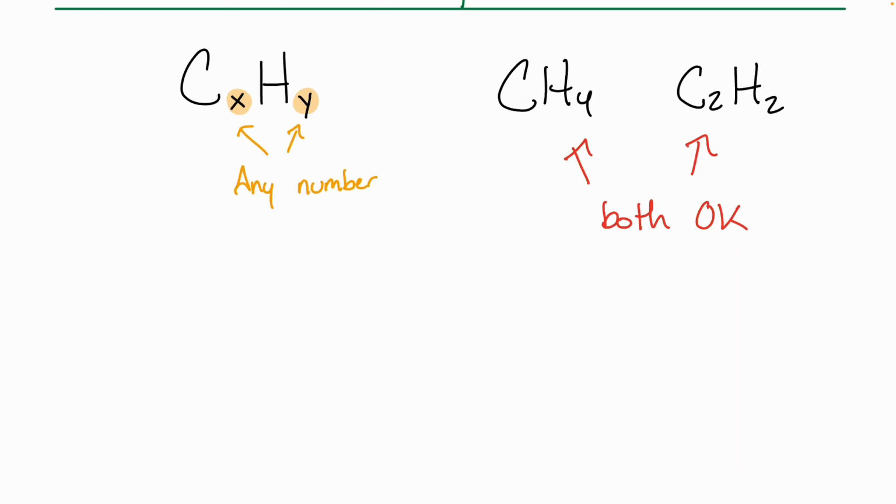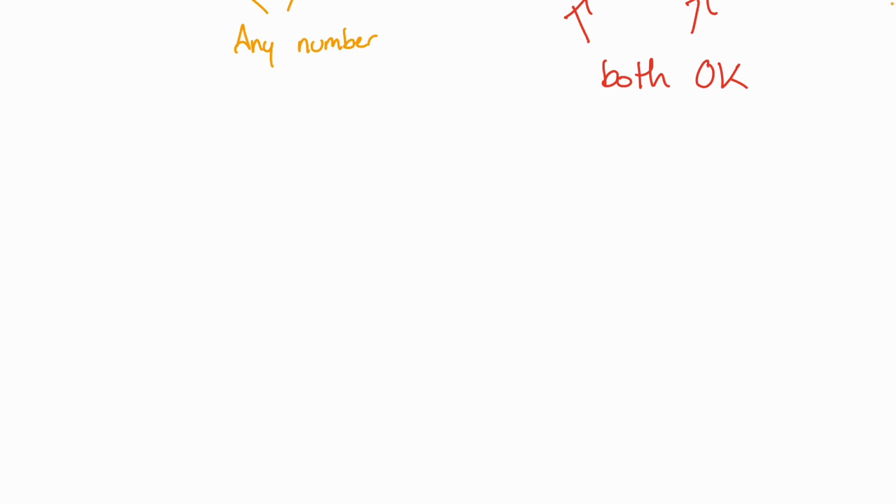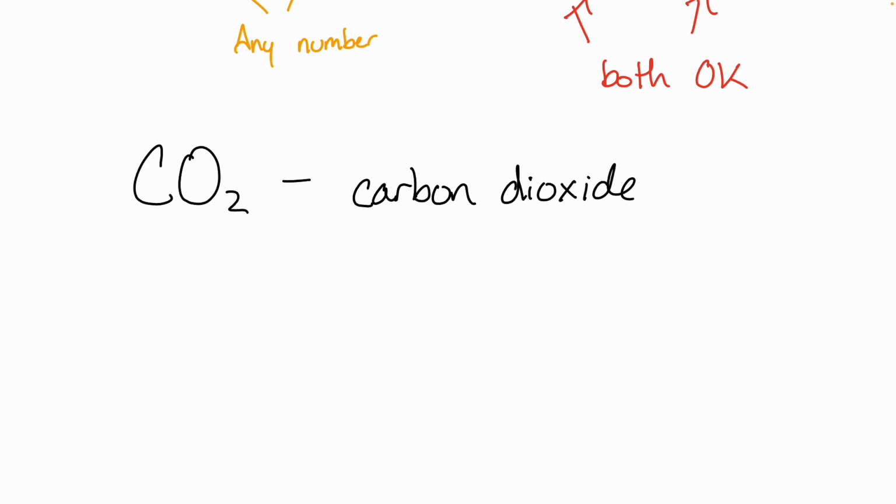And let me just show you what I mean by that using an example that I think that we all know, which is CO2. What is the name of this molecule? Carbon dioxide. Okay, let's look at what's similar real quick.